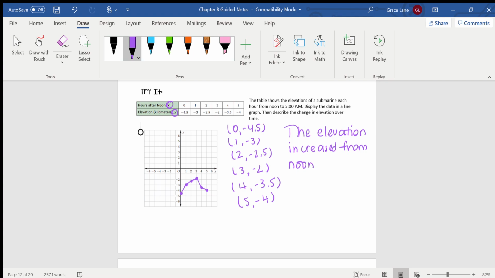And you can see it going up until you reach the 3, which is 3 o'clock. And then it decreases from 3 to 5. Okay.